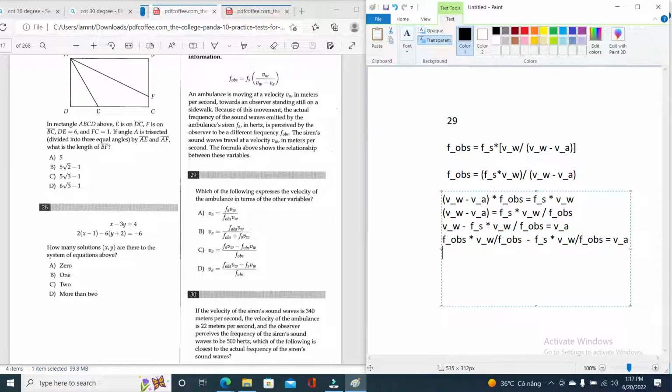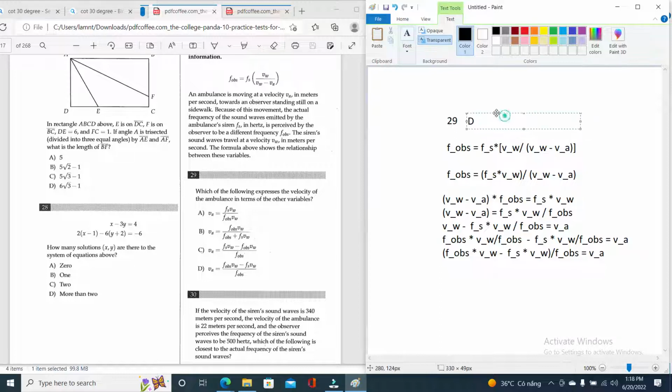So it's just 1 over F observed, and this is F observed times VW minus FS times VW, all divided by F observed, and that's actually VA. So this is actually equation D, right? So 29 is actually D.